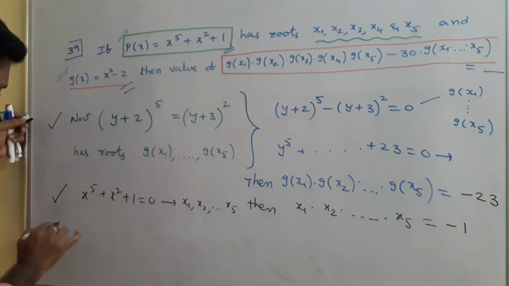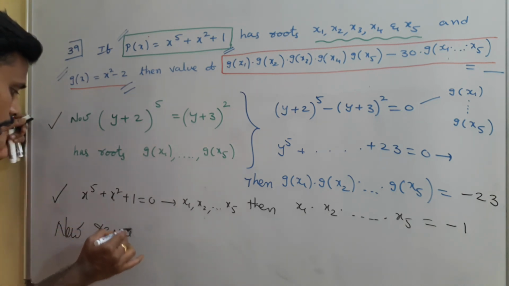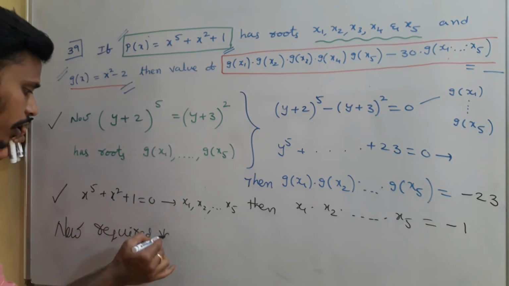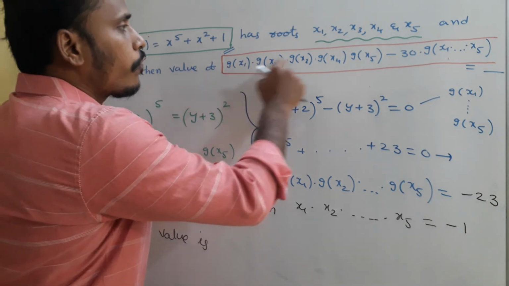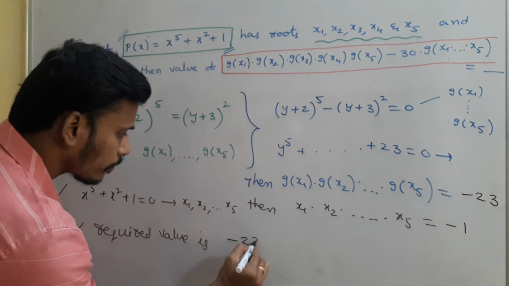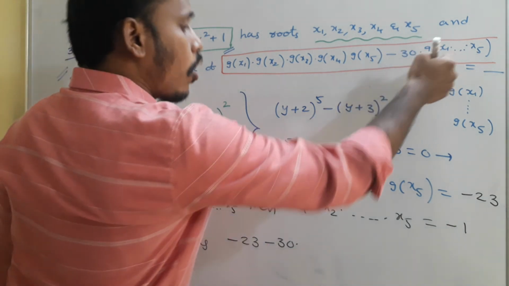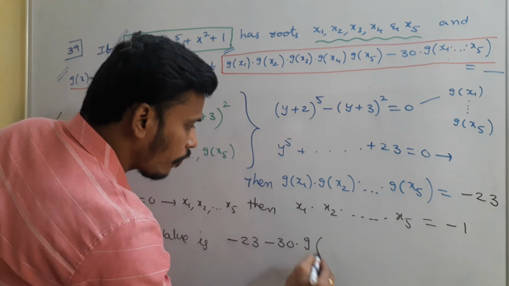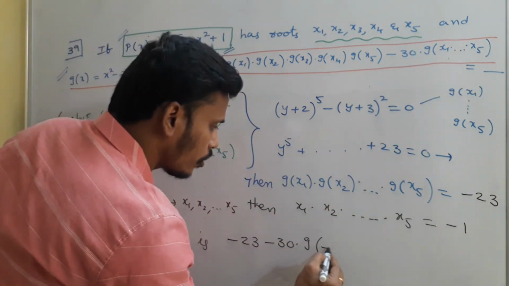Now what will you say? What is my required value? The product of g of x1 to g of x5, which is minus 23, minus 30 into g of the product of x1, x2 and so on up to x5, which is minus 1, so g of minus 1.